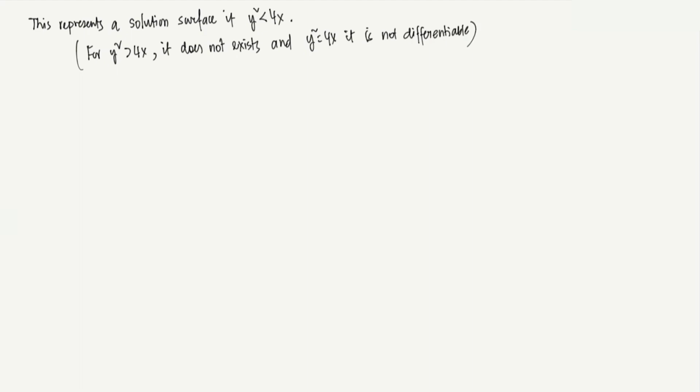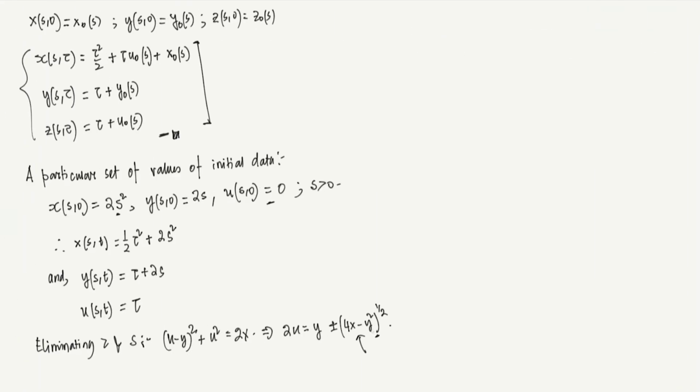Okay. So what we can do here is just write down what the solution is. If you look at that particular upper half region, 2u equals y plus or minus (4x minus y square) whole power half is going to be your solution.